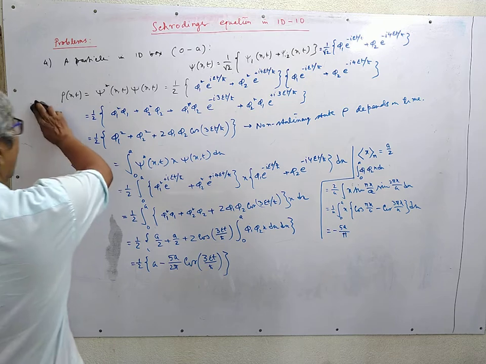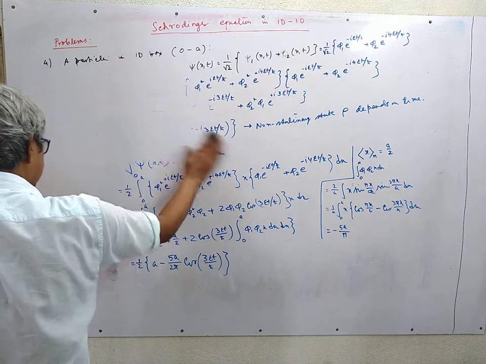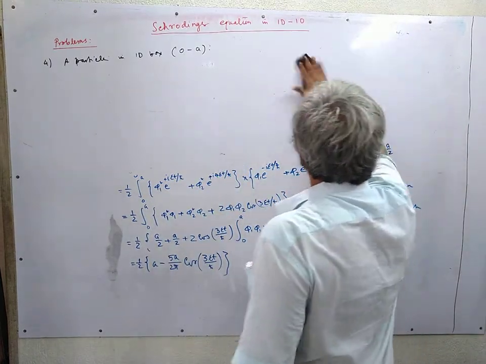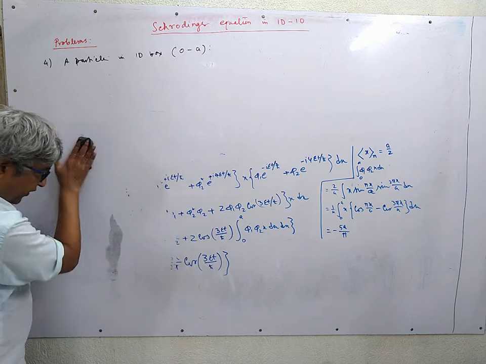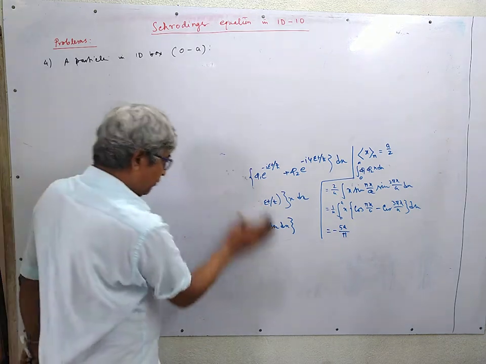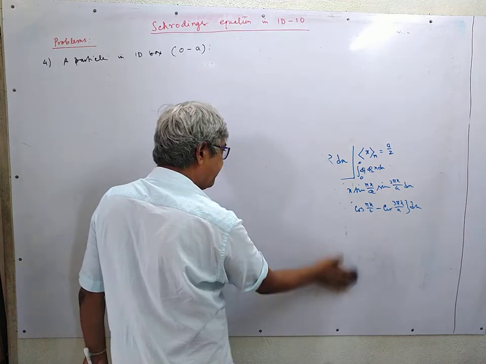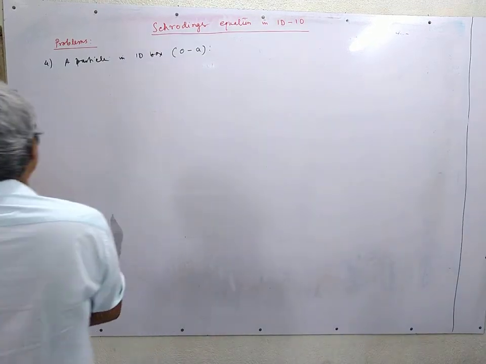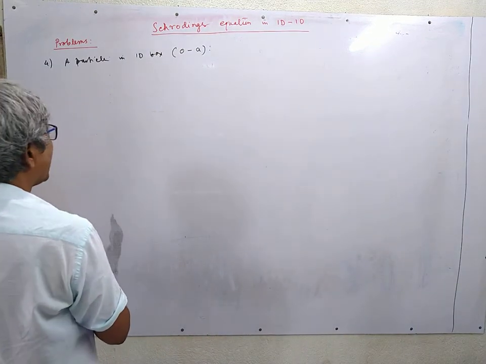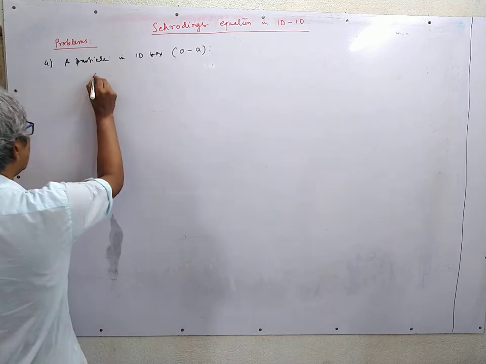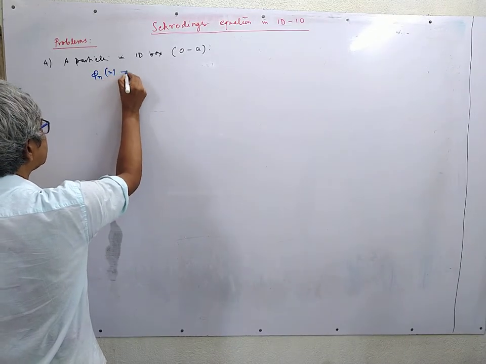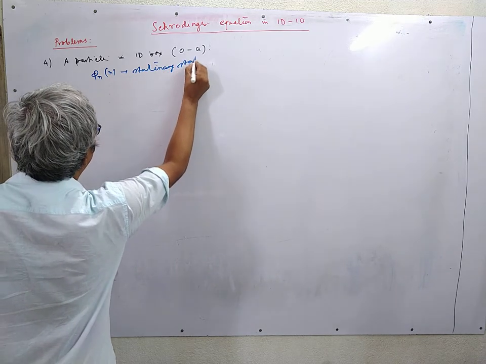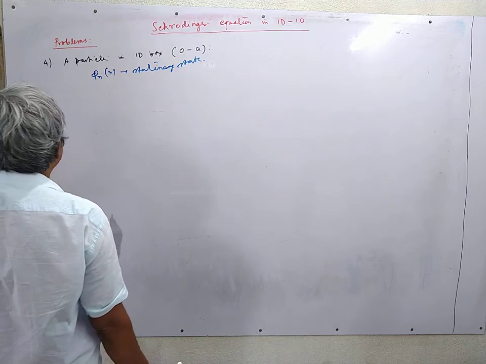Another very simple example, and this is the last example on a particle within an infinite well we are going to consider: we have a particle in an infinite well of width a, and when the particle makes a jump from n is equal to 2 to n is equal to 1, what will be the frequency of the emitted radiation? Note that each of the states that we are talking about is a stationary state, as they are obtained from the solution of the time independent Schrodinger equation.